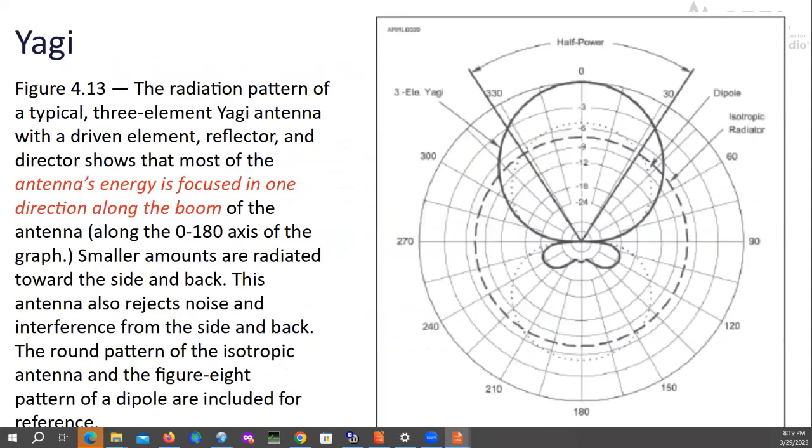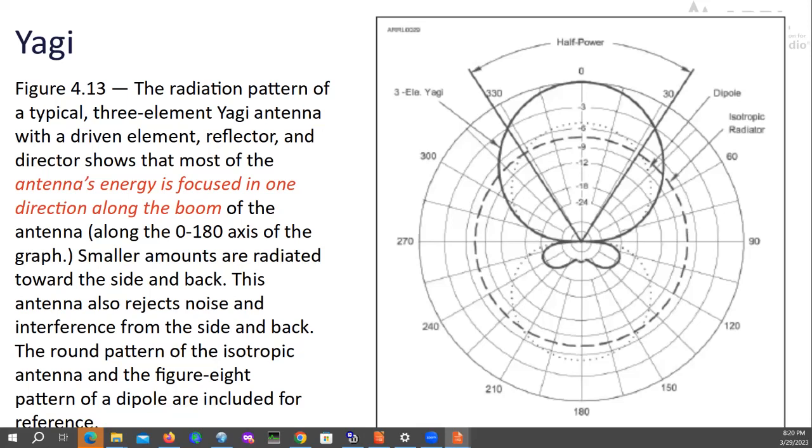This is the horizontal radiation pattern of a Yagi antenna. The radiation pattern of a typical 3-element Yagi antenna, with a reflector, driven element, and director, shows that most of the antenna's energy is focused in one direction along the boom of the antenna, along the 180-degree axis of the graph.